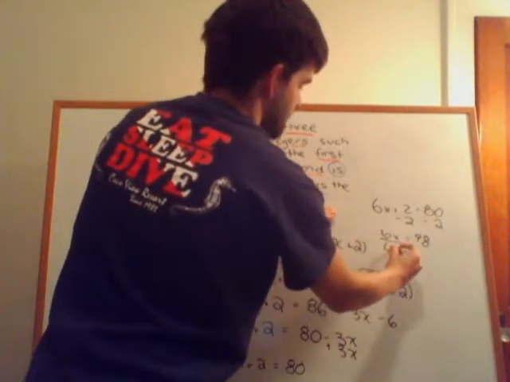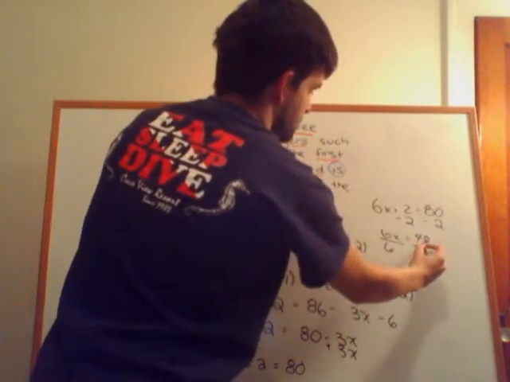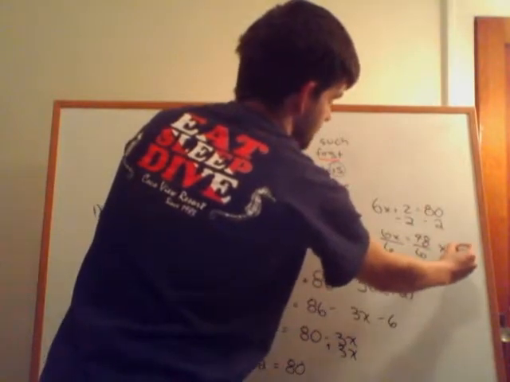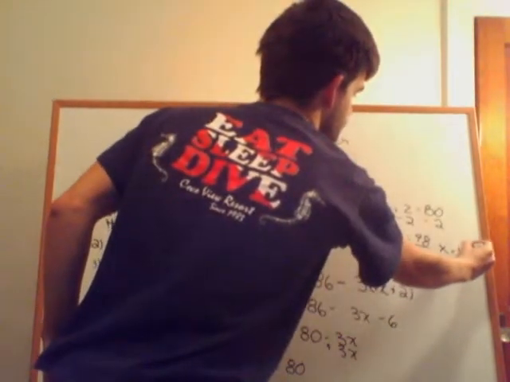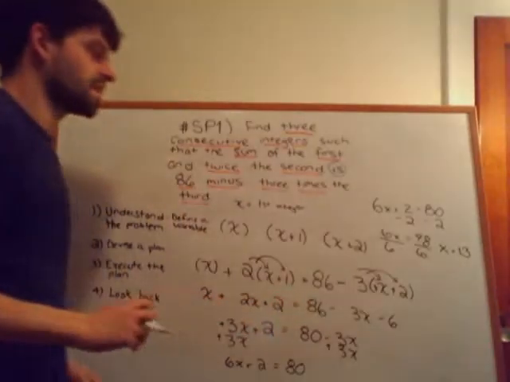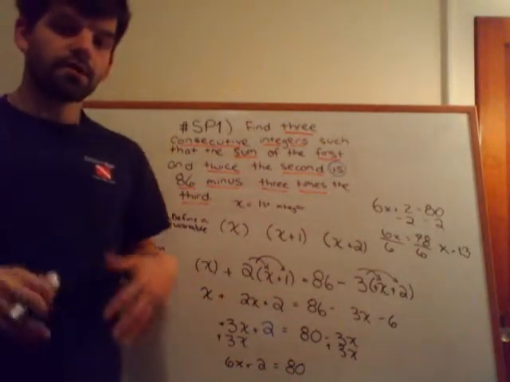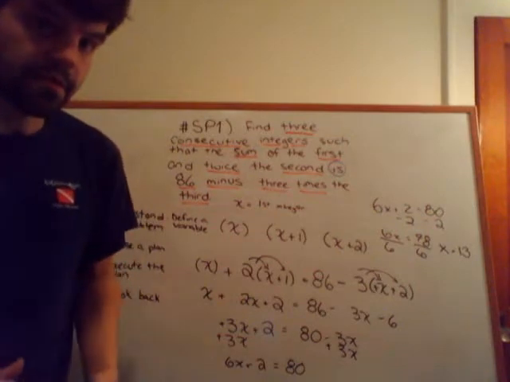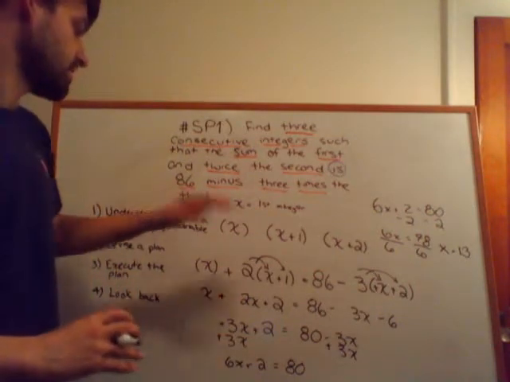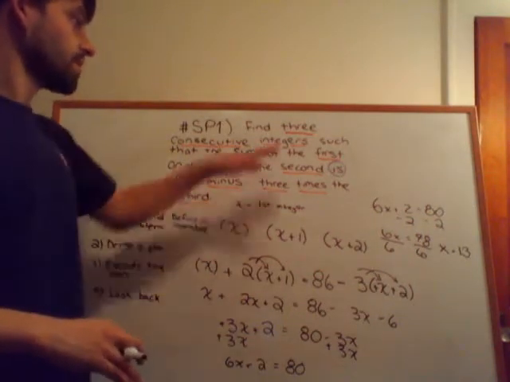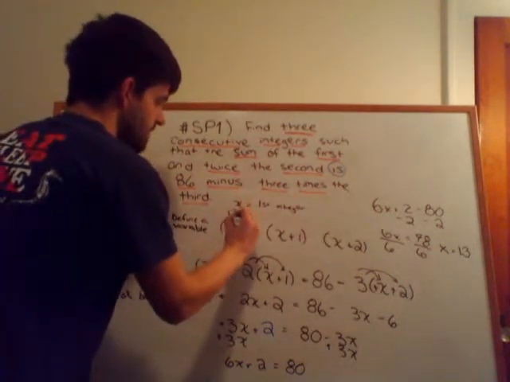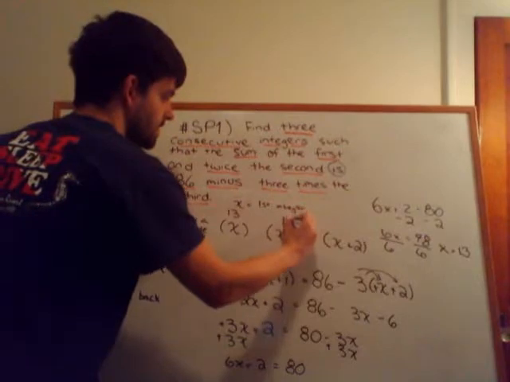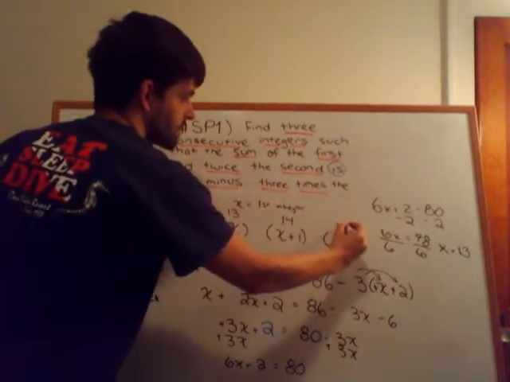Divide by 6, and x is equal to 13. Okay? Now, remember what our x is representative of. X is equal to our first integer. So our 3 consecutive integers are going to be 13, 14, and 15.